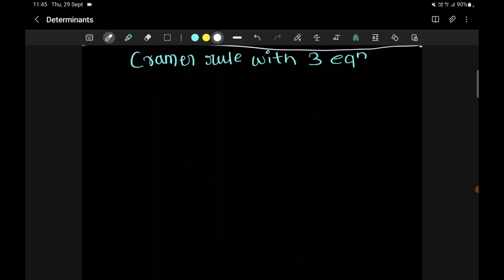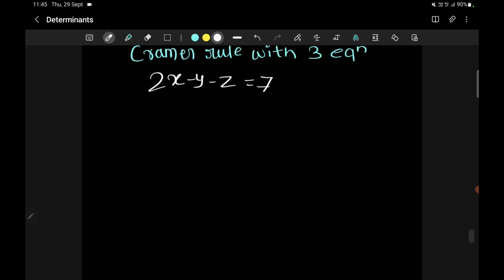Now we will solve Cramer's rule with 3 equations. For that we will take one example. 2x minus y minus z equals 7. Second equation is 3x plus y minus z equals 7, and x plus y minus z equals 3.